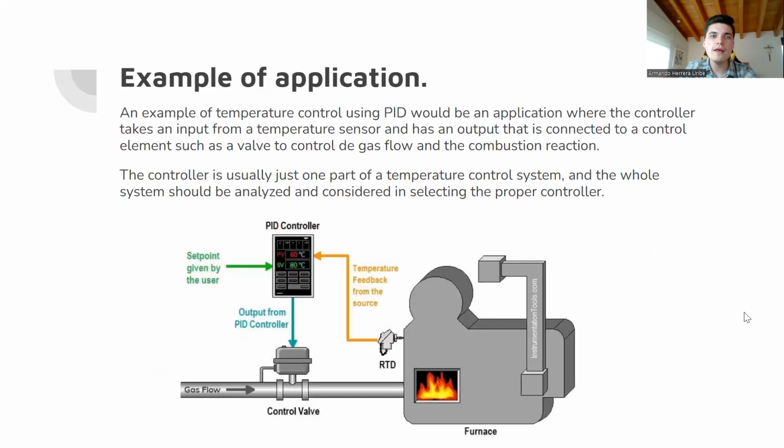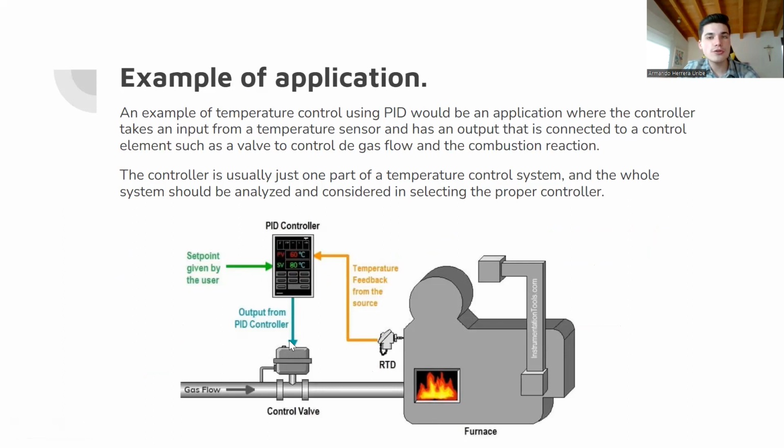A very brief example of application of a PID controller could be this diagram that I showed in the previous slide. Basically, it is an example of a PID controlling the temperature in a furnace in a whole system.